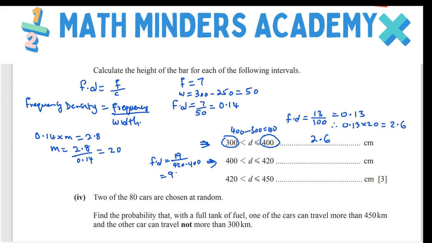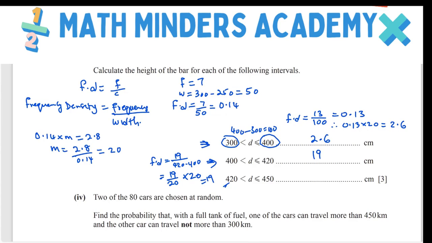That is 19 all over 20. So we are going to multiply by the factor 20, and that gives us 19. So here we have 19.